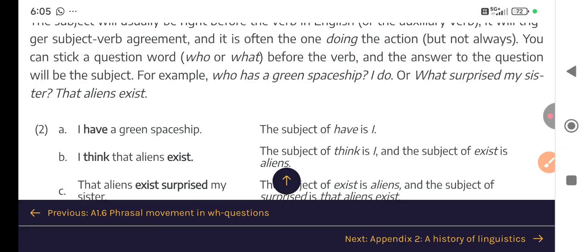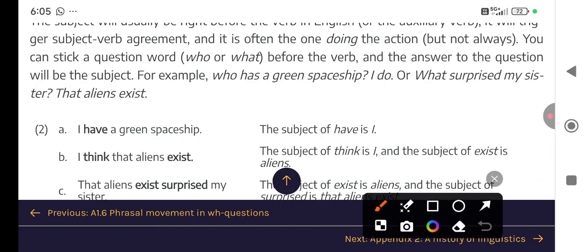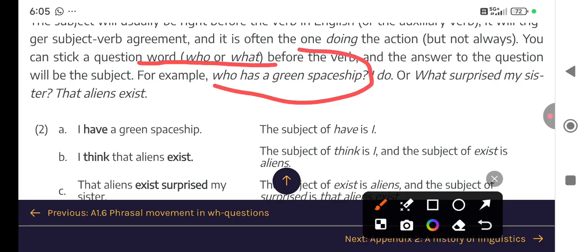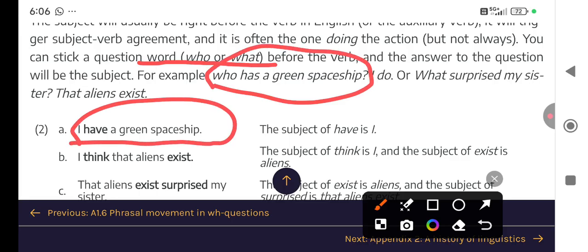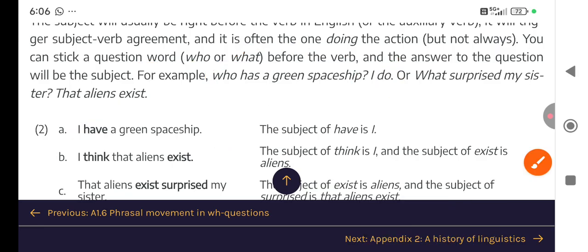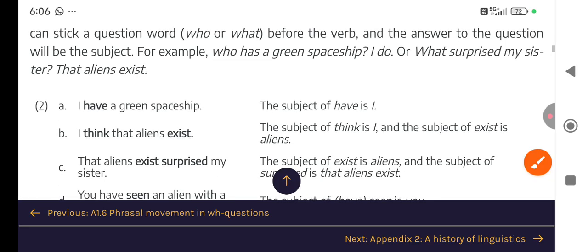If you want to figure out the subject, you can put the question who or what before the verb, and the answer to the question will be the subject. For example, who has a green ship? I have a green ship. The answer is I. Or what surprised my sister?